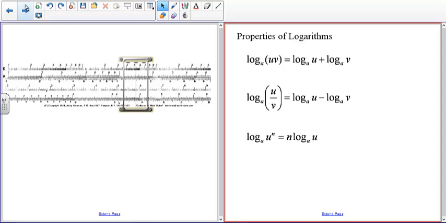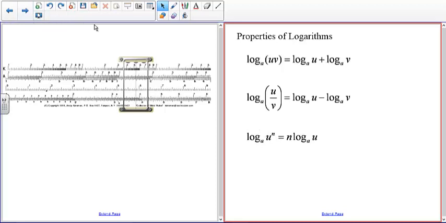So you can have u times v divided by w. We'll see that later. And then if you have something raised to a power, the last one, log base a of u to the n, that's the same as n times log base a of u. How we talk about that here is we say you can bring the n outside the logarithm. So an exponential problem becomes a multiplication problem.